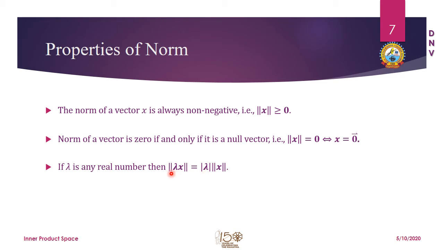So the norm of the vector lambda x is equal to the absolute value of lambda times the norm of x, and this vector is the scalar product of the real number lambda and vector x itself. So the norm of a scalar product of a vector with a real number is equal to this one.